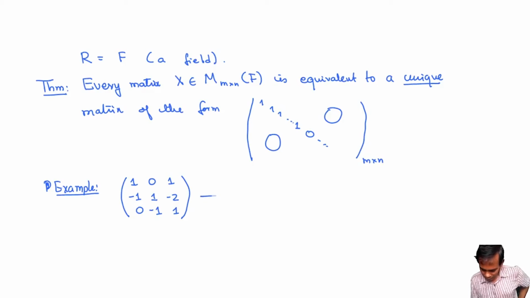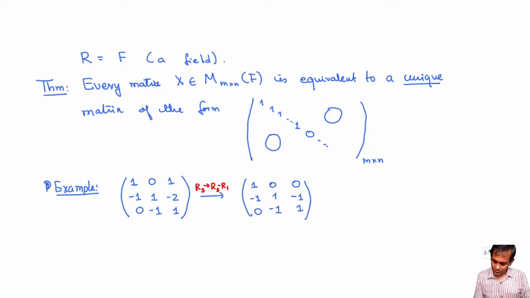So what I'll do is I'll try to take this 1 here and try to make it 0. Okay, so I will take the third column and subtract from it the first column, and what I get is right multiplication by one of the shear matrices. So it's still in the same equivalence class, and this only changes the third column, and what I get is 0, -1, 1.